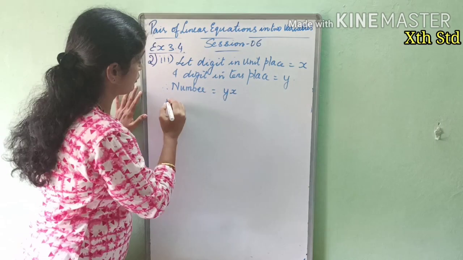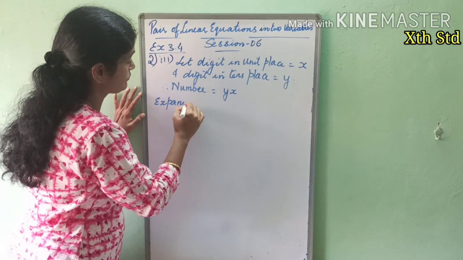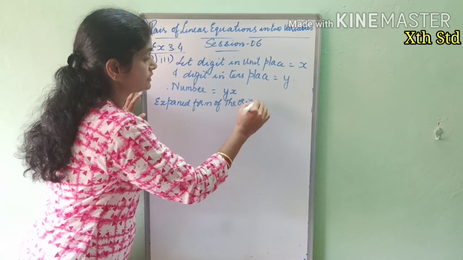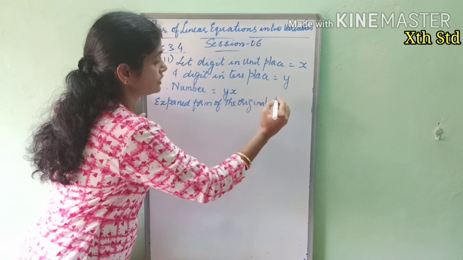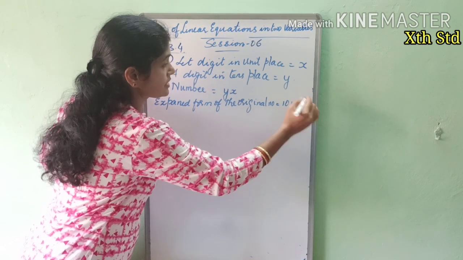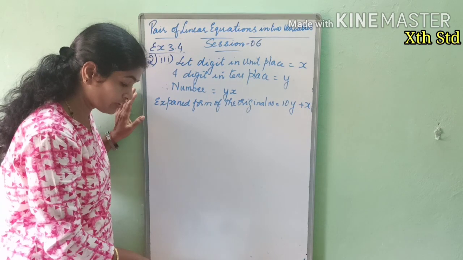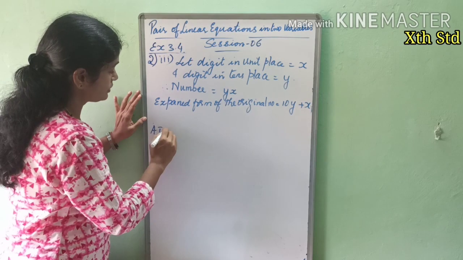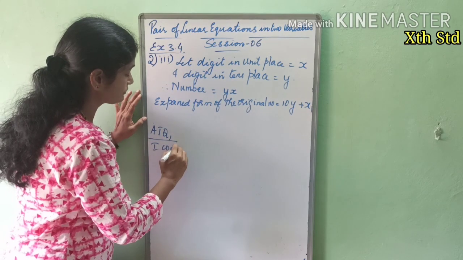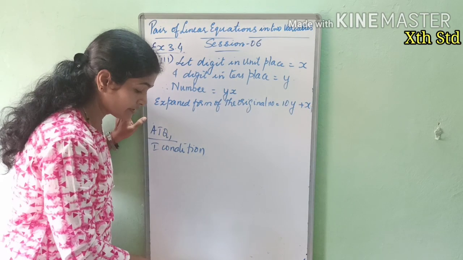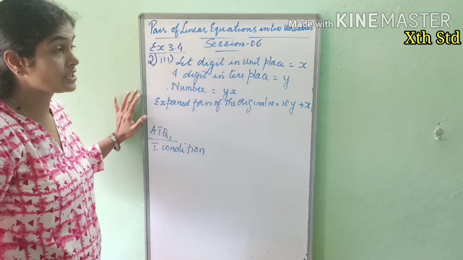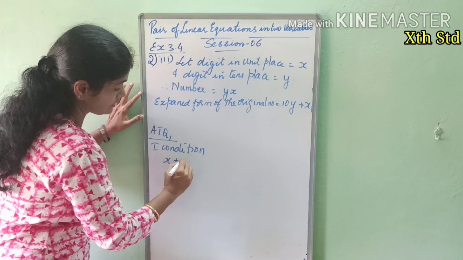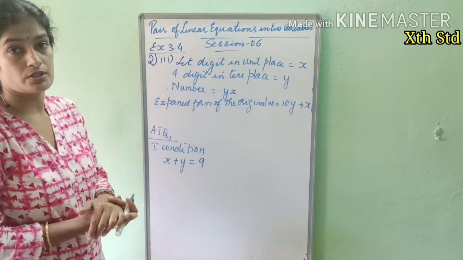Which is the expanded form of the original number, equal to 10y plus x, right? Fine. Now, what is the condition given? According to the question, first condition, the sum of the digits of a 2-digit number, x and y are the digits, so the sum of the digits is equal to 9. This is the first condition, right?